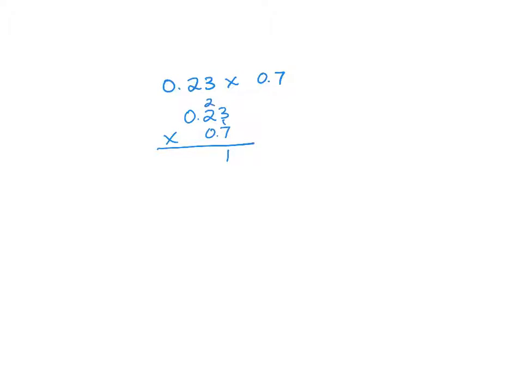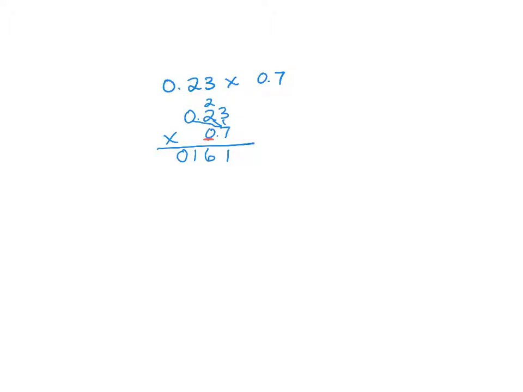I regroup the 2. 7 times 2 gives me 14, plus 2 gives me 16. I can go 7 times 0 if I want to. I don't really need to, because anything times 0 is 0, but I'll go through and do that. And once again, there's no reason that I need to multiply 0 times everything, because 0 times anything just gives me 0. So I have that 0.161.